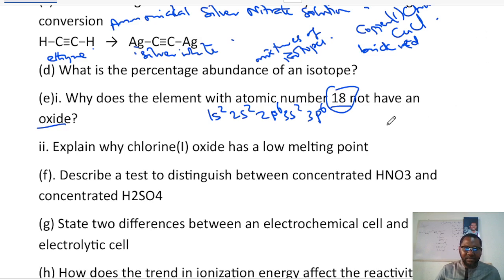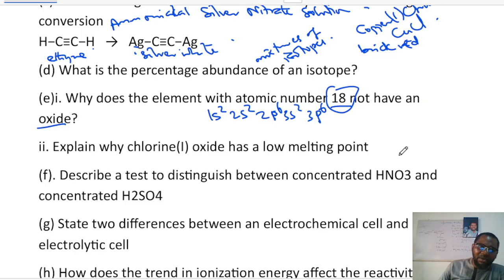Now the next one says, explain why chlorine 1 oxide has a low melting point.